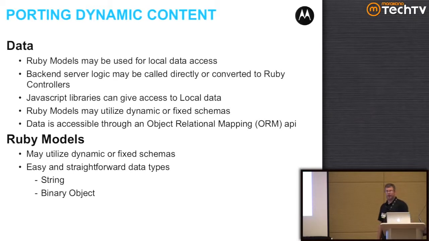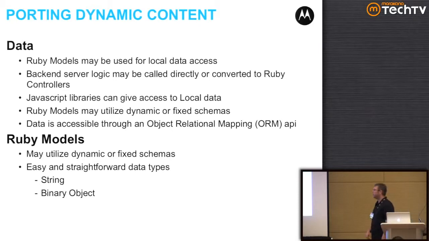I mentioned the dynamic or fixed schemas that Ruby models support. And I'll also say that the data that you have in our Ruby models is accessible through our object relational mapper. And this is fantastic, because it means that you're not writing raw SQL to get at your data. So again, a very convenient and easy way to get at your data that's been ported locally.